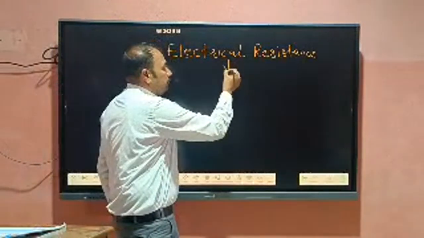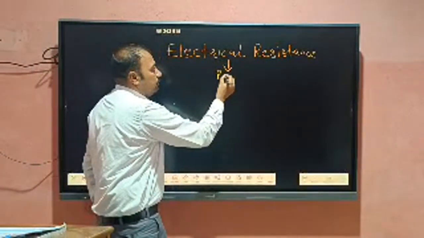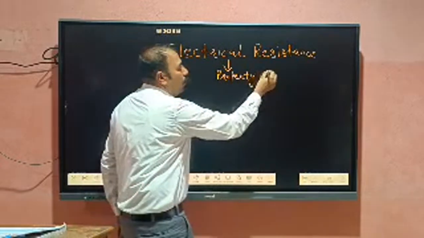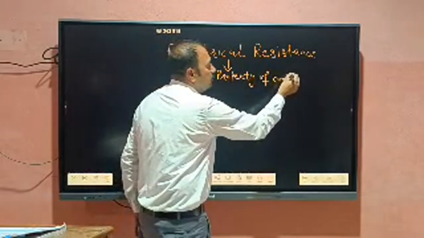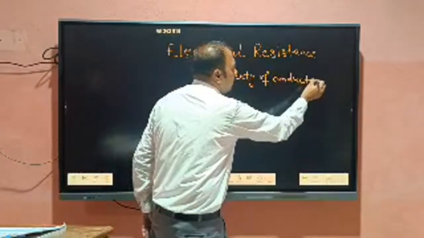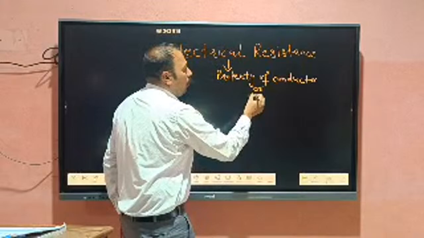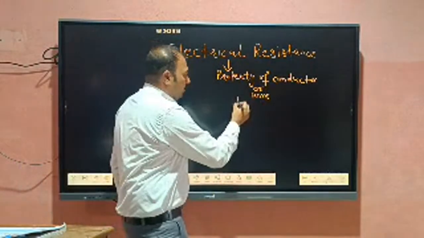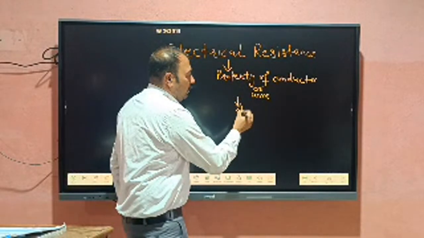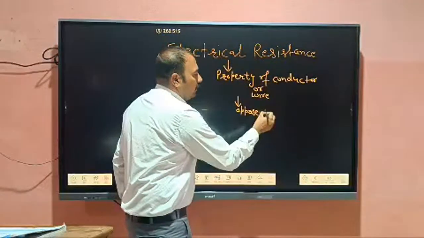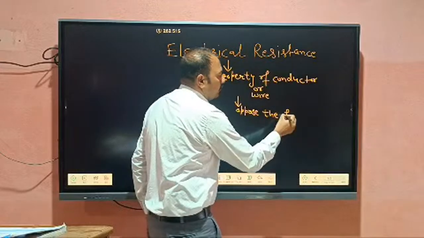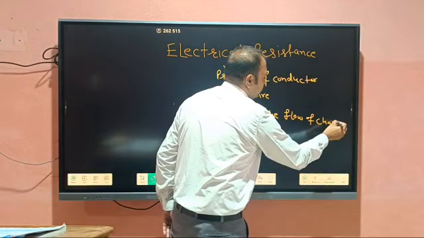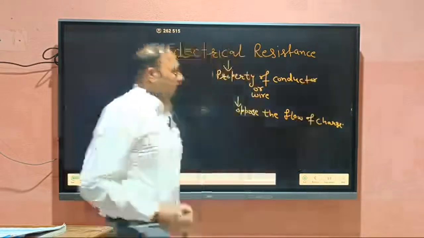What is the property? The property of a conductor or wire which opposes the flow of charge.